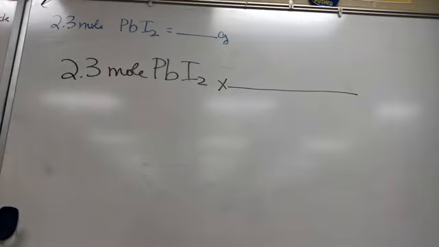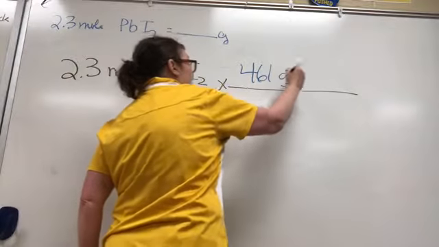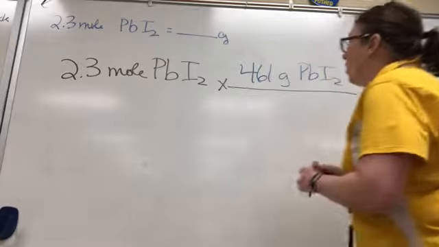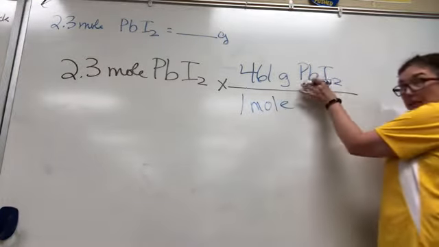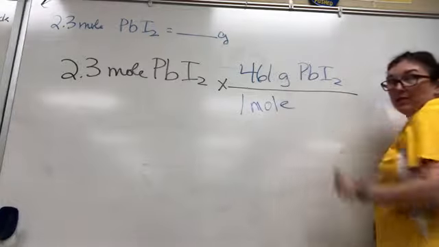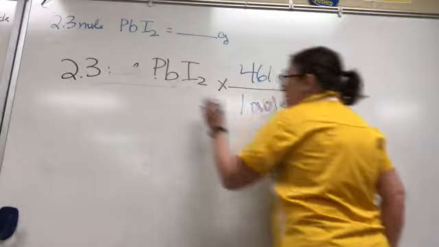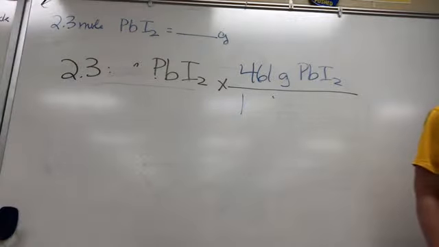So you should have 461 grams of PbI2 over 1 mole. So I know 1 mole of PbI2 equals 461 grams. That way the mole up here on top and the mole down here on the bottom cancels out. Remember that from way back when? I think our second week of school? Yep. Top and bottom cancel out.